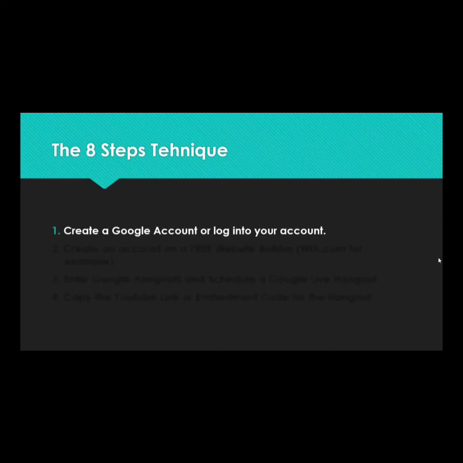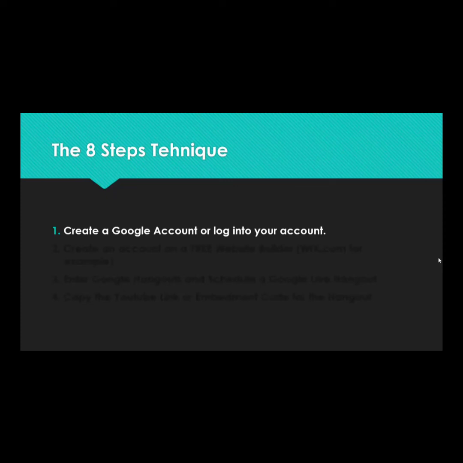The first step is to create a Google account. As you have seen, we are using the Google Hangouts tool, okay, to practically create this free webinar page. So first of all, you need to create a Google account or log into your actual account if you have one. If you already have a Google account, you probably know already that you also have a YouTube account.